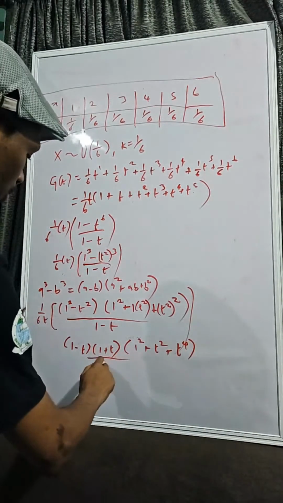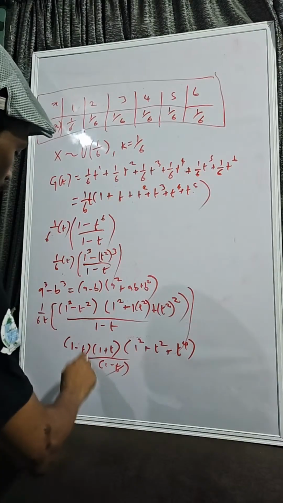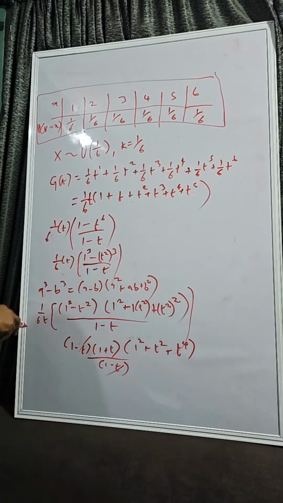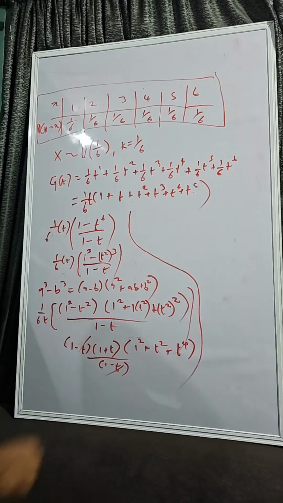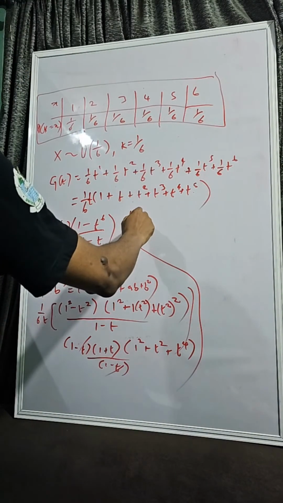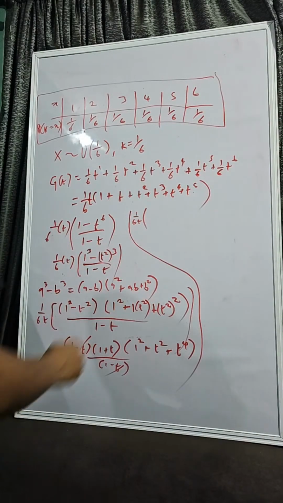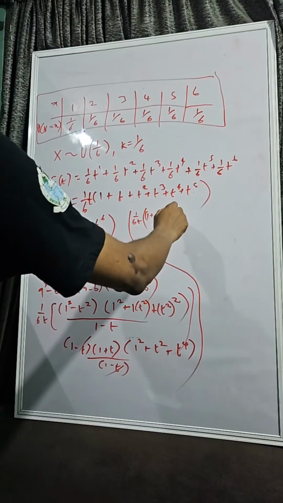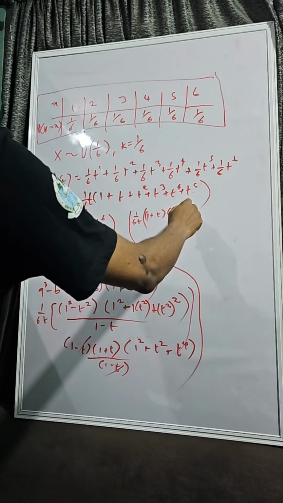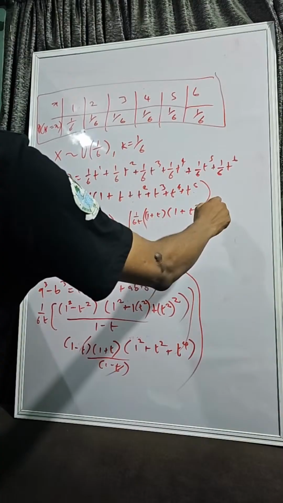So what did you notice? 1 minus t we cancel out. Don't forget 1 over 6t is still outside. So once this cancels out, what are you left with? You are left with 1 over 6t, 1 plus t times 1 plus t squared plus t to the 4.